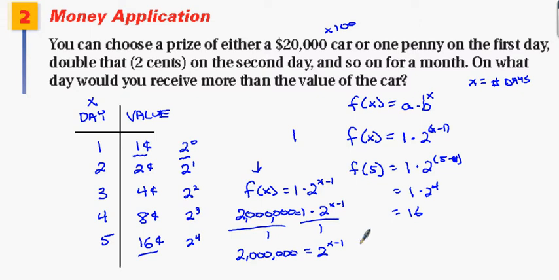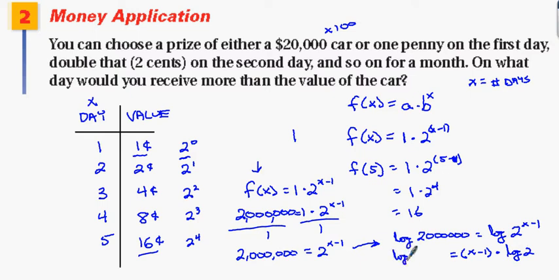All right. So this is where I would probably take the log of both sides. So I would take the log of 2 million is equal to log of 2 to the x minus 1. And then I would bring the x minus 1 up in front. So I have x minus 1 times log 2. That's still equal to log 2 million.